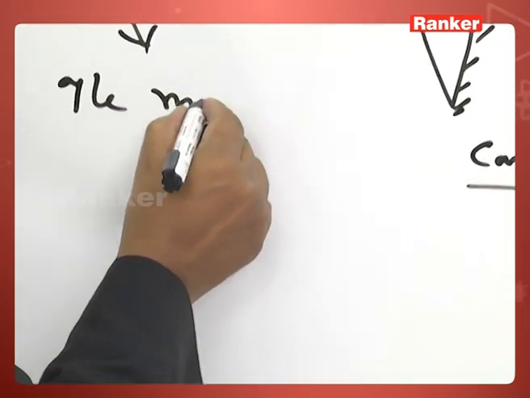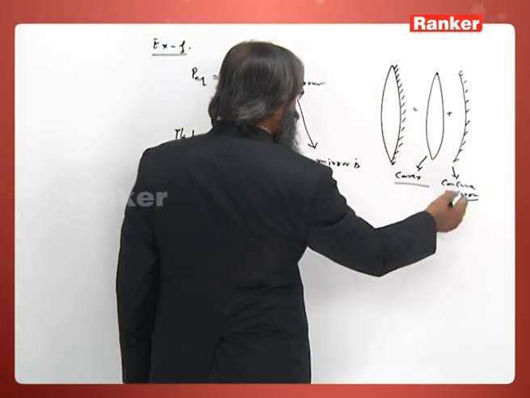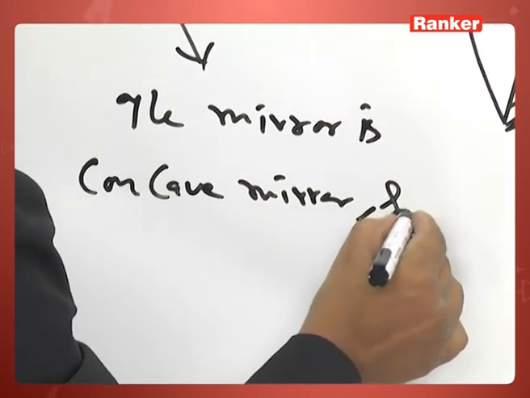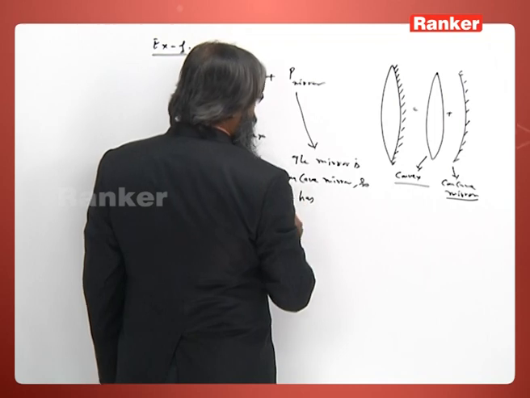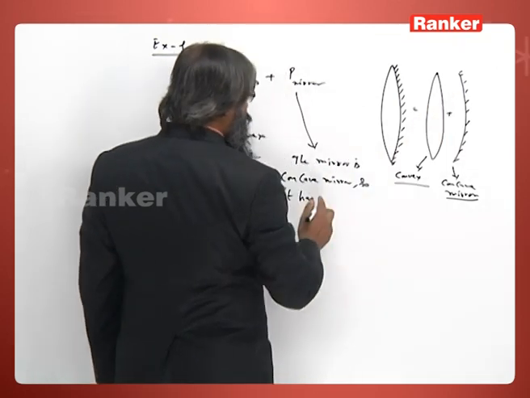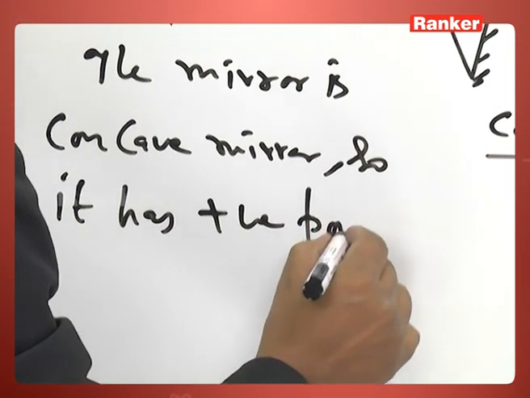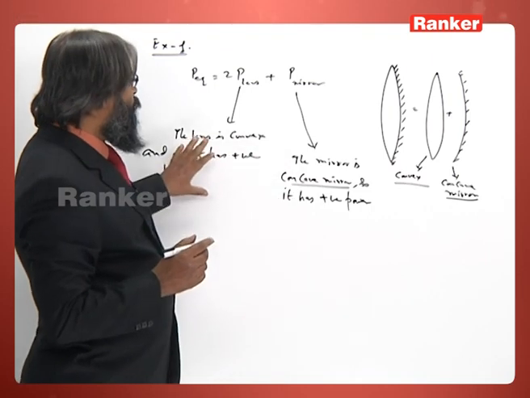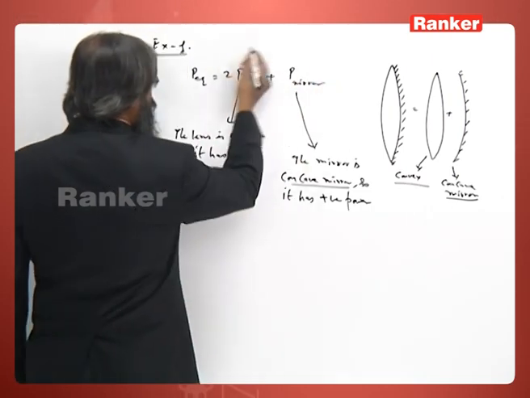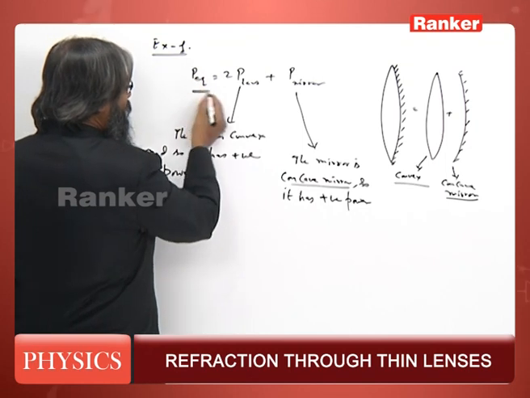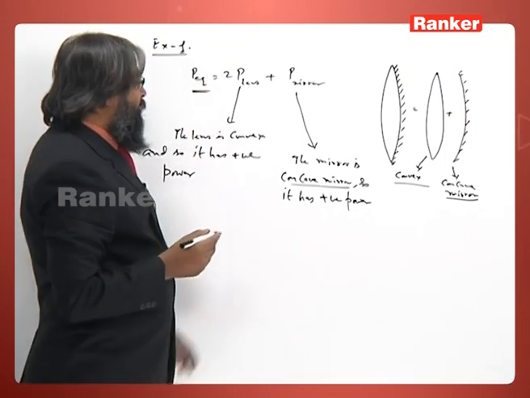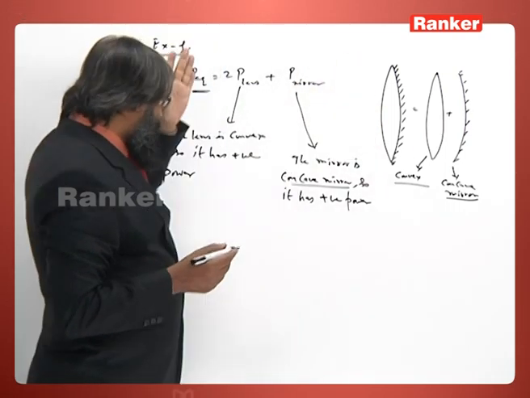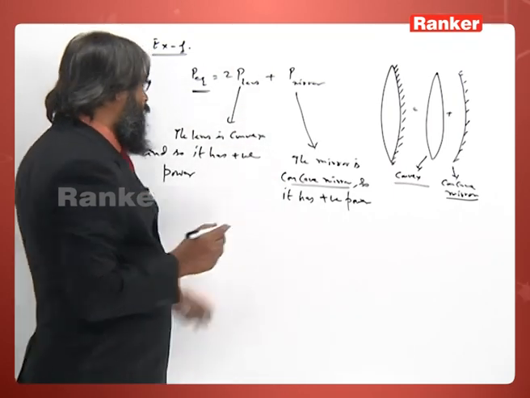The mirror is a concave mirror, so it has convergence, so it has positive power. Since a concave mirror converges light, this is positive, thus the total term is going to be positive. So, this is going to be a mirror, this is not a lens, this equivalent is well known that it is going to act as a mirror. So any mirror with a positive power will be a concave mirror.